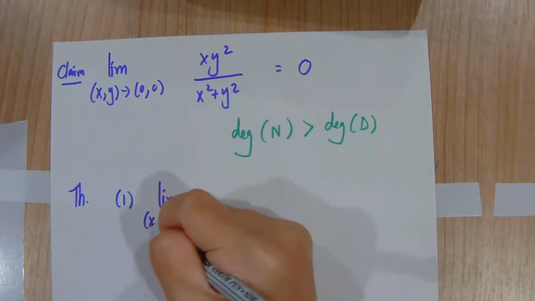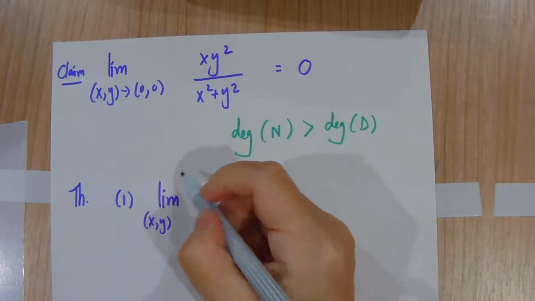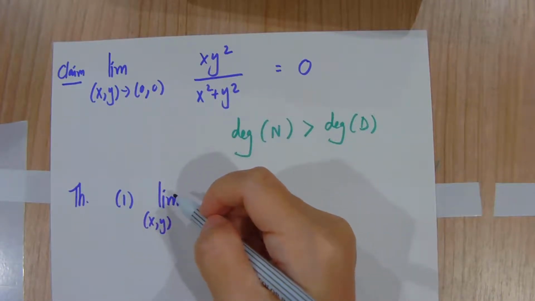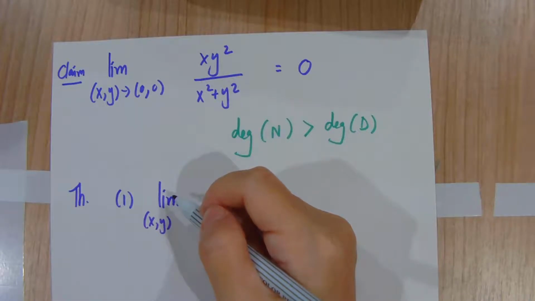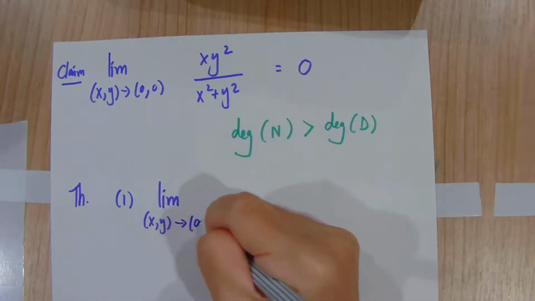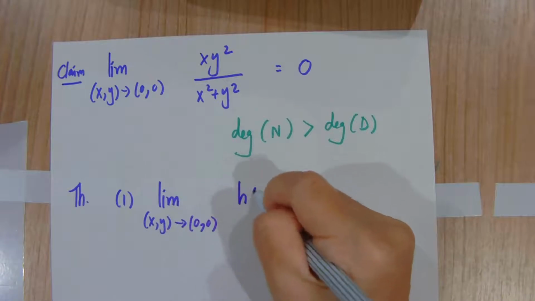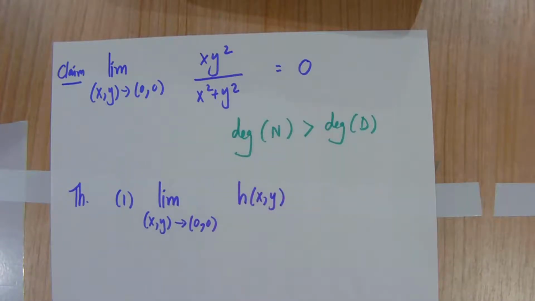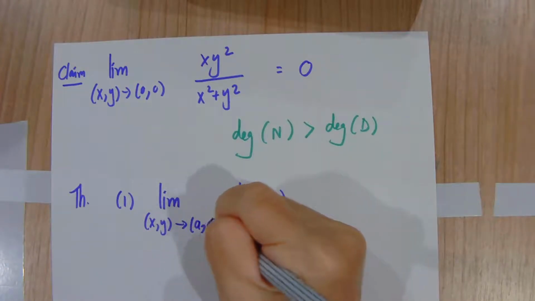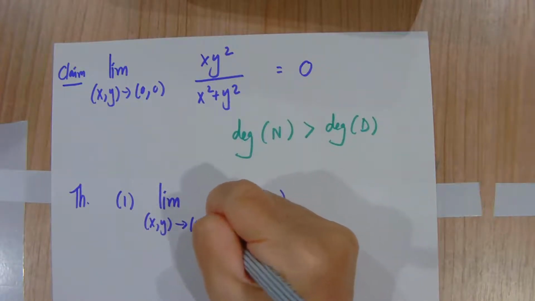Suppose that you have to find the limit of the function h, and I write it in terms of the point (a, b) in general.